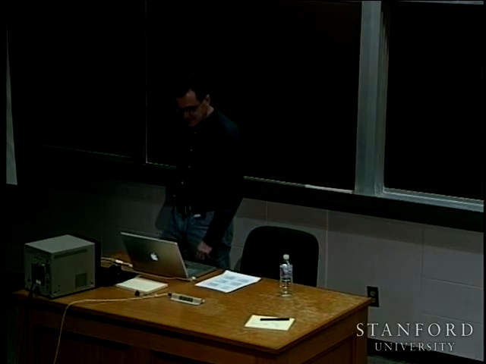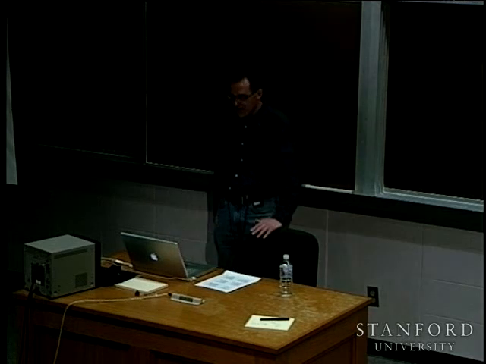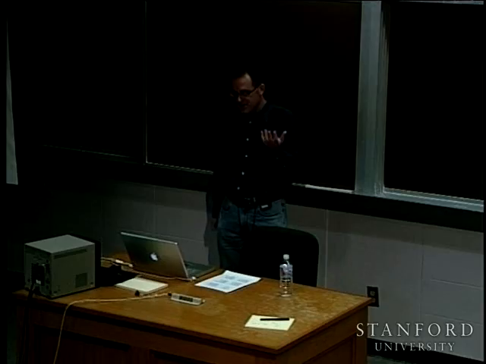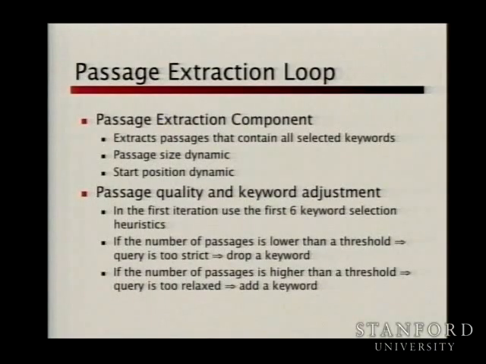Okay, and so then they have a passage extraction loop where you do passage retrieval, where the passage size is not fixed, it's actually dynamic. And so there's this loop that I was just mentioning. You first use some of the keyword selection heuristics, and you ask for some passages. If you're not getting enough passages back, you back off and drop some of the keywords.